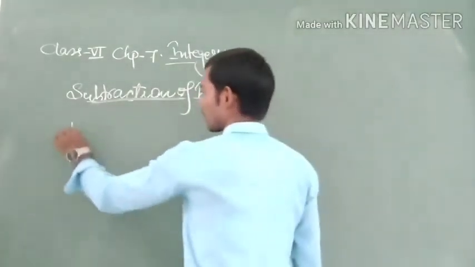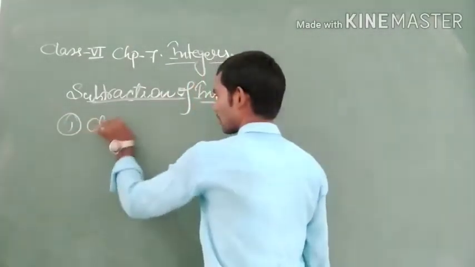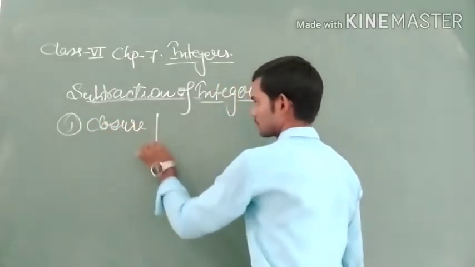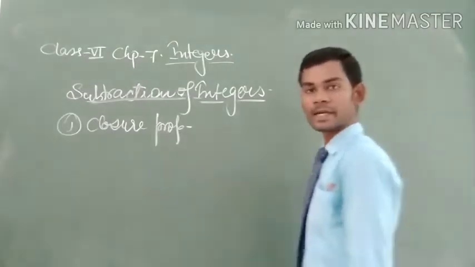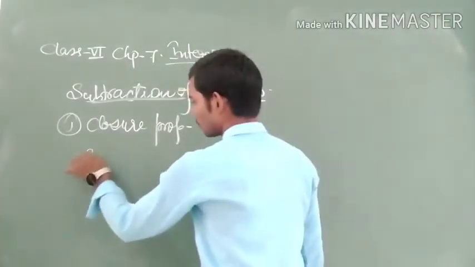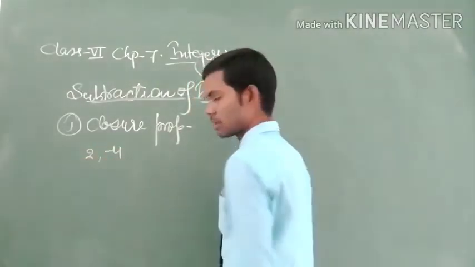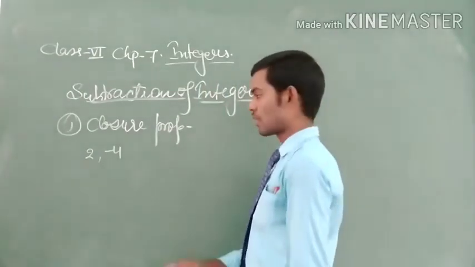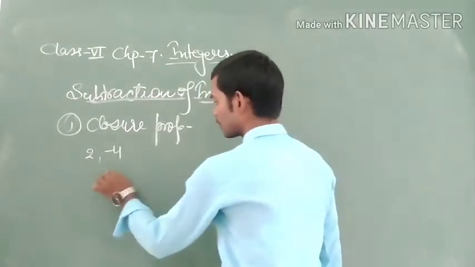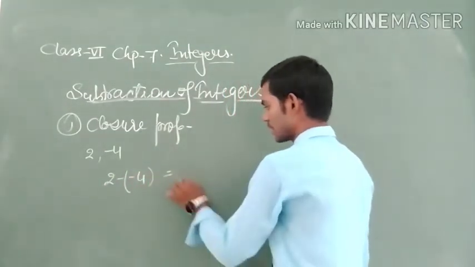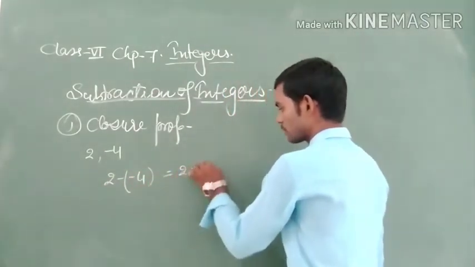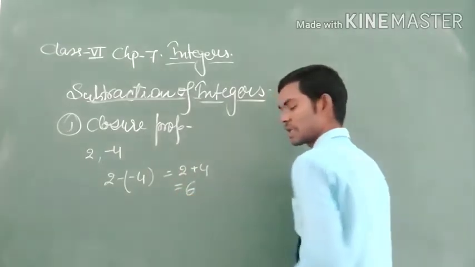So our first property is the closure property. In the closure property, if we take any two integers like 2 and minus 4, and we write 2 minus (minus 4), then we get 2 plus 4, which is equal to 6.